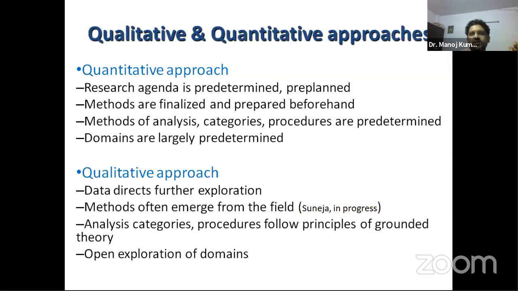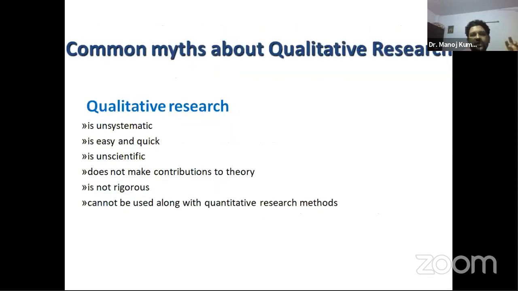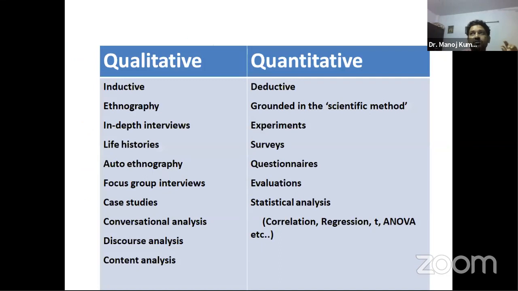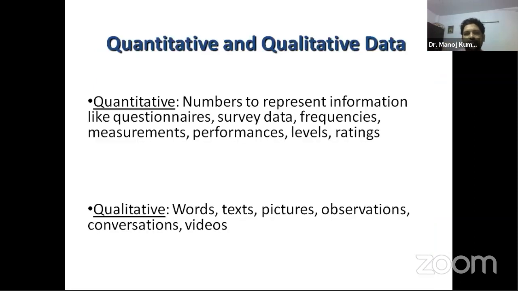In the quantitative approach, everything is predetermined: the objective, the design, the questionnaires. Accordingly, you must know what kind of statistics you can use. You can do a lot of statistical analysis with quantitative data, and not with qualitative data.